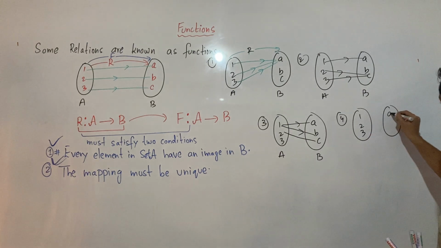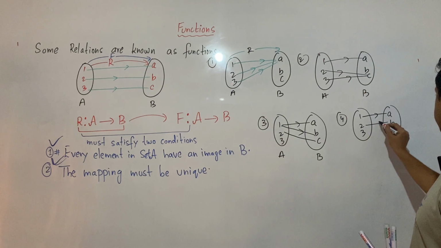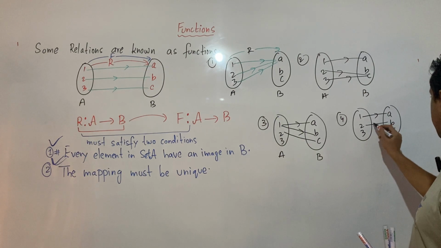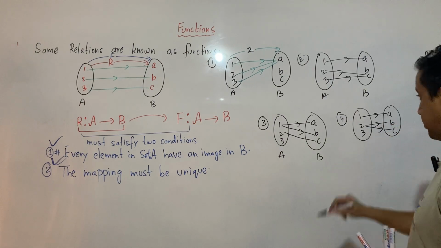Here A, B, C. Here 1 is mapped to A, 2 is mapped to B, right? And 2 is mapped to C.